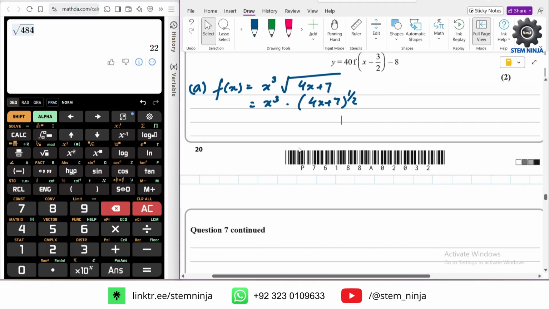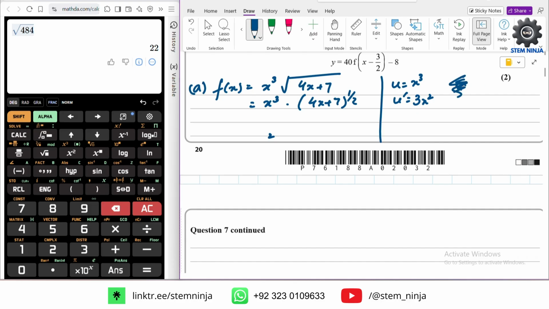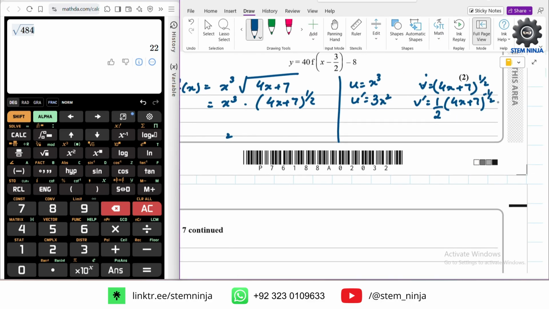Right. Okay. So let's say u is x cubed. u prime would be 3x squared. And if v is equal to 4x plus 7 to the power 1 over 2, v prime would be 1 over 2 times 4x plus 7 to the power minus 1 over 2, times 4.